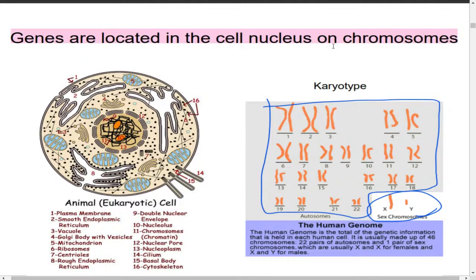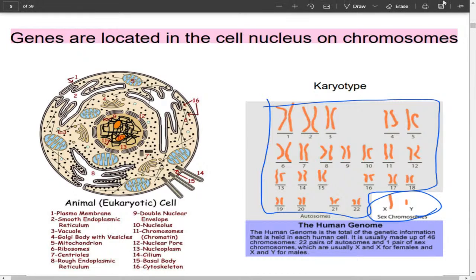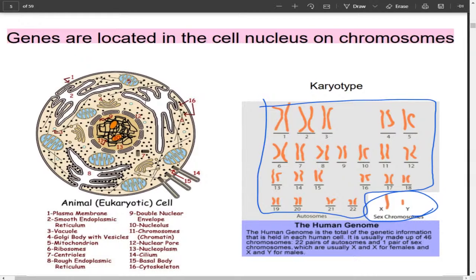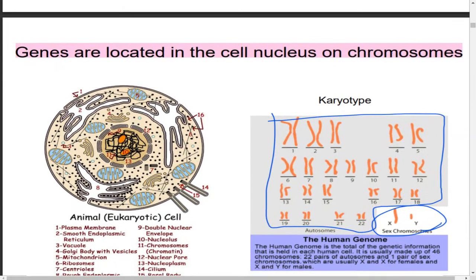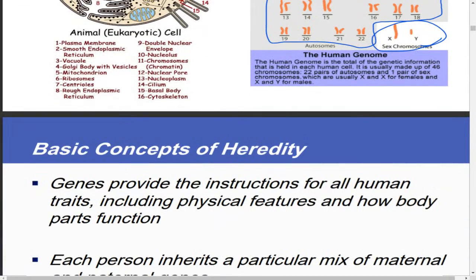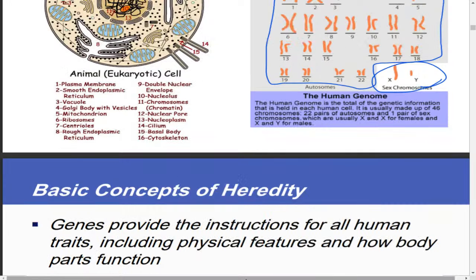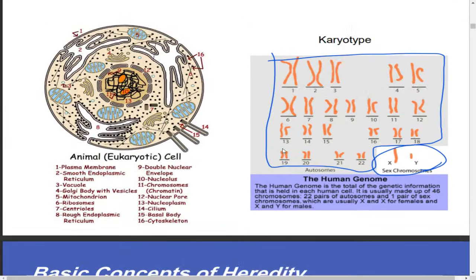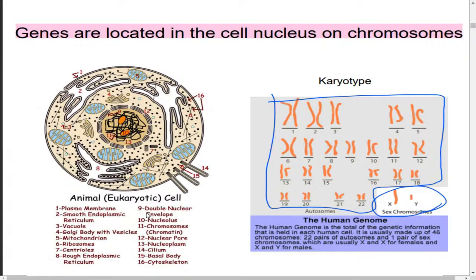The animal eukaryotic cell contains about 16 cell organelles.